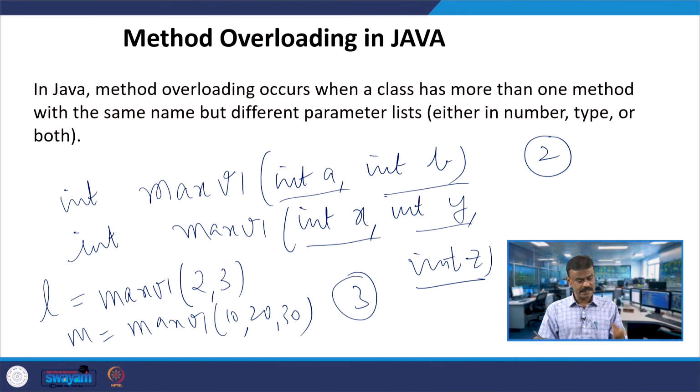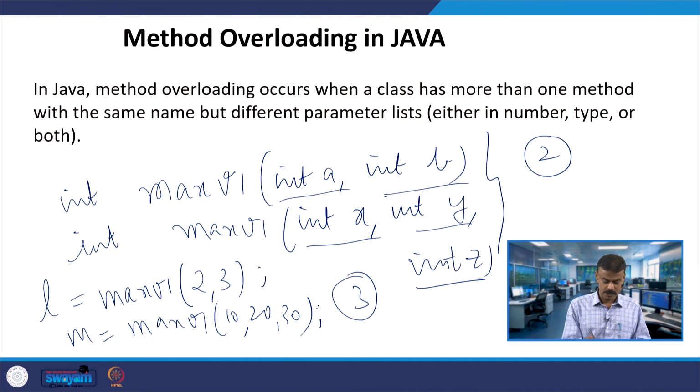In the case of Java, we call this method overloading, because these two functions are called methods in Java. Which one will be called will be decided during compilation time.